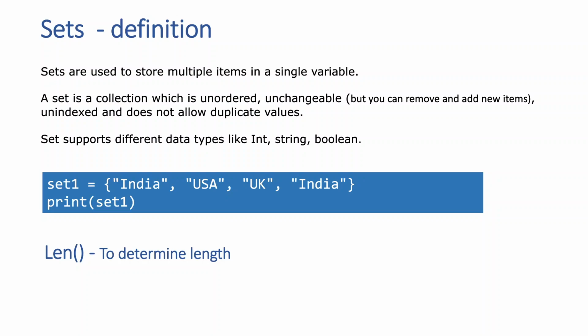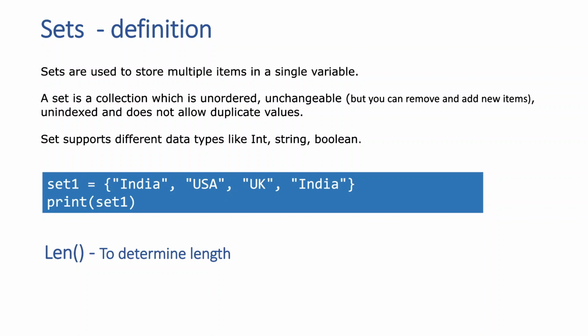Unchangeable means set items are unchangeable, meaning that we cannot change the items after the set has been created. Once the set is created you cannot change its items, but you can remove items and add new items. We'll discuss this in our next part, so we'll jump on to the next. The key difference between other data types and sets is that a set does not allow duplicates.